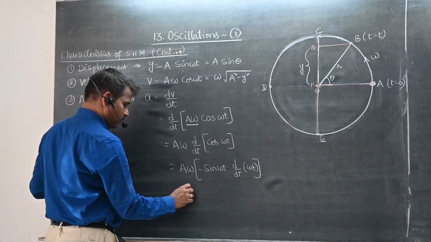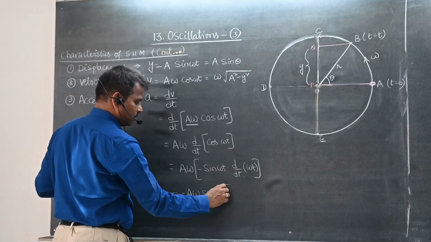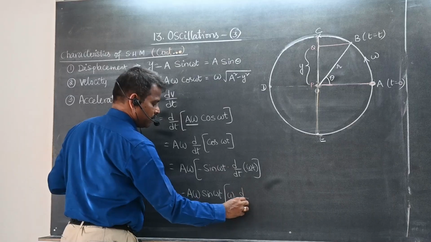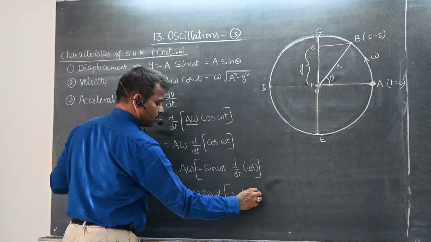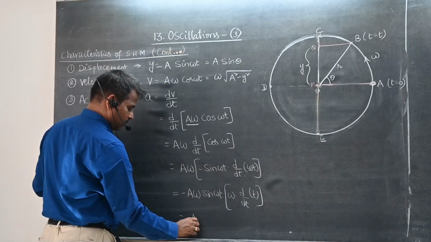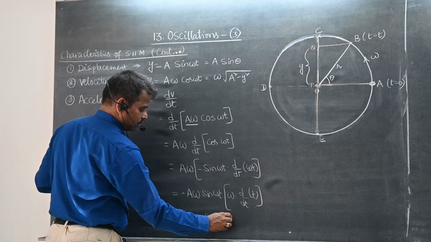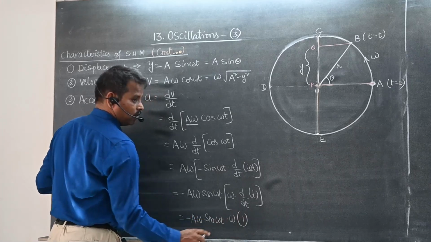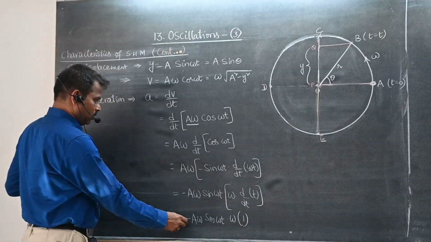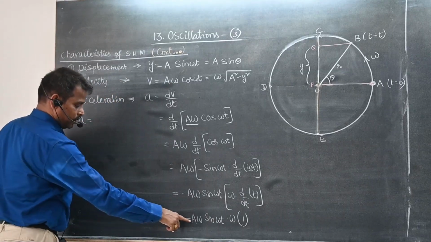So we will get minus A omega sin omega t. Here omega is constant, d by dt of t. What is d by dt of t? 1. So this becomes A omega sin omega t into omega. What is the derivative of time with respect to time? 1.